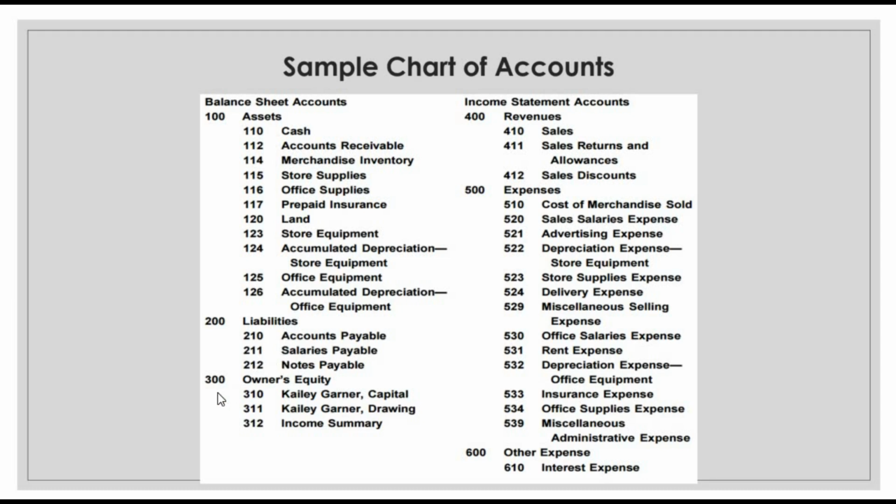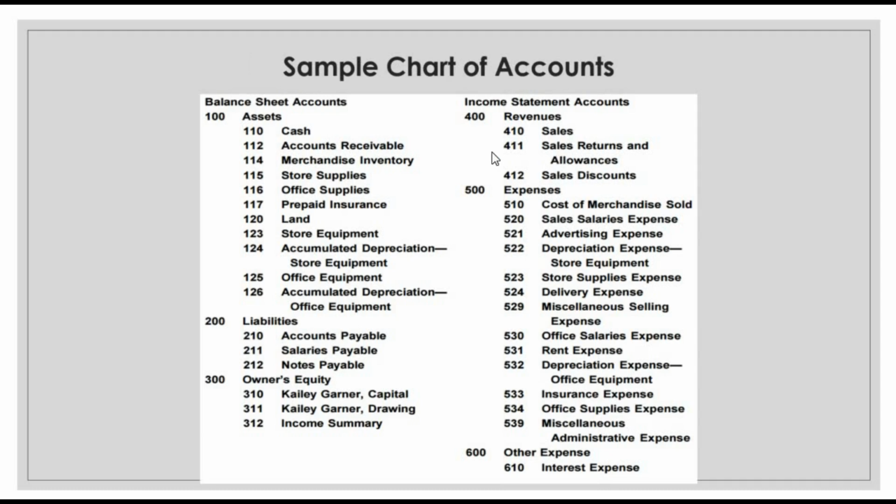So, owner's equity, you have 300. For income accounts or revenues, you have 400. The sample here is for a merchandising concern. If you have noticed, it has sales, sales returns, and sales discount.